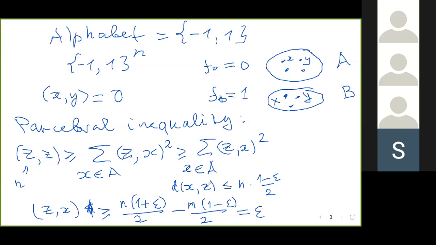So for each x inside the Hamming ball, we have that the inner product is at least epsilon n.